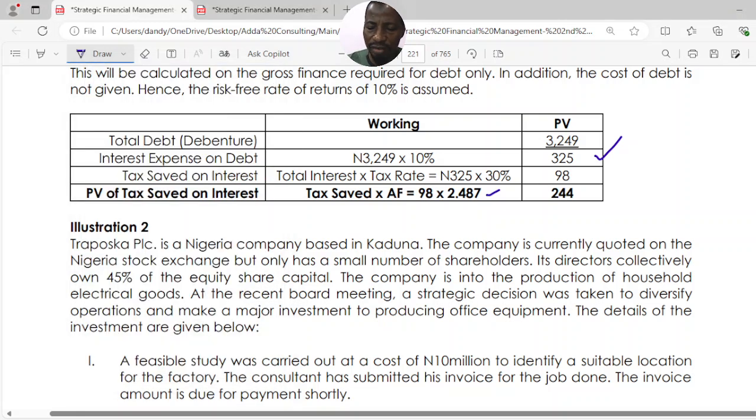So 2.487 multiplied by 98 will give us 244. Therefore, the PV of tax saved on interest is 244,000.